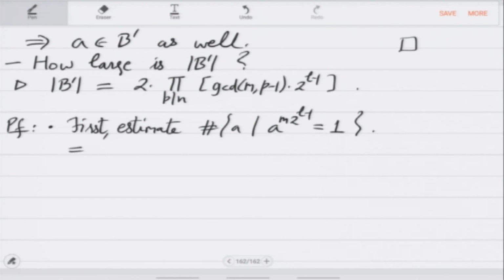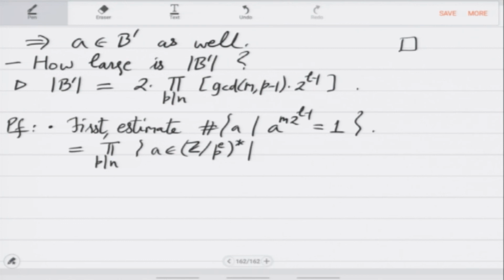So what is this? Let's go over different primes and do Chinese remaindering. So this will be A mod P raised to E star.